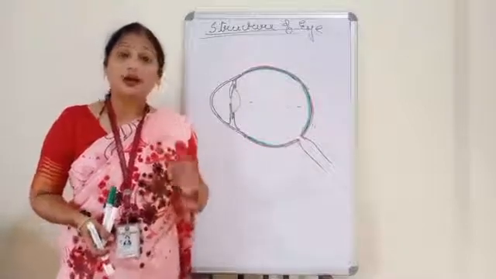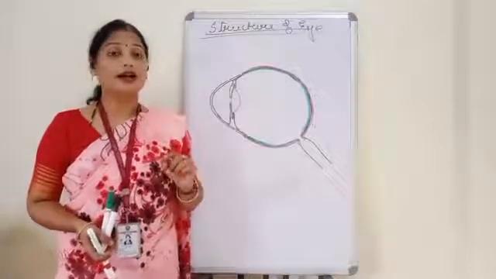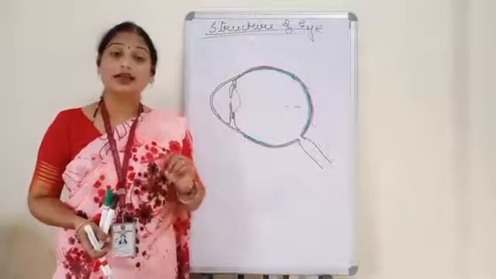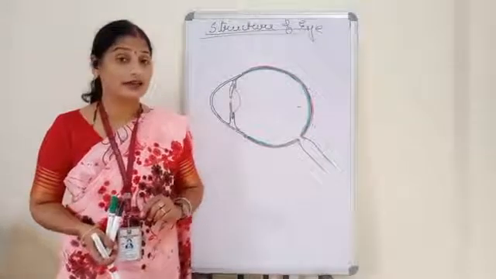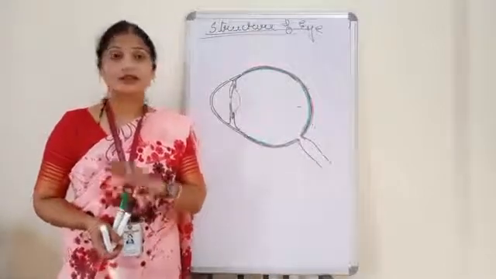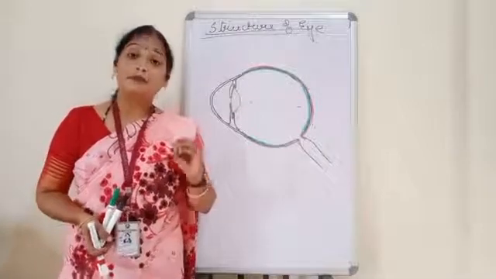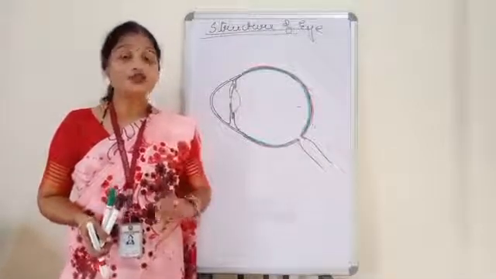Along with these three things, in our eye we have one more gland, and that is called the tear gland, the lacrimal gland. This gland secretes an alkaline substance, that is, it secretes water and salt.